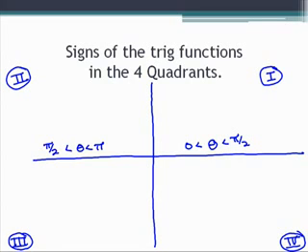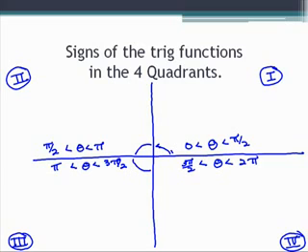In the third quadrant, all the angles whose terminal sides end up there are between pi and 3 pi halves. And in the fourth quadrant, they're in between 3 pi halves and 2 pi. 0 to 90, then 90 to 180, 180 to 270, and 270 to 360.